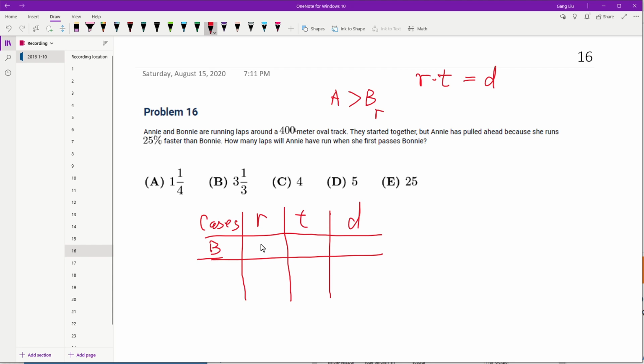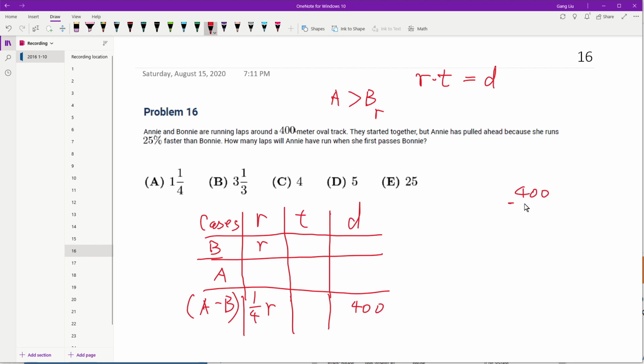So this is Bonnie, that's the rate, and this is Annie, and this is Annie minus Bonnie, and that's 1/4 R and 400. 1 divided by this, and 400 divided by 1/4 R equals 1600 over R. So the time used is 1600 over R.